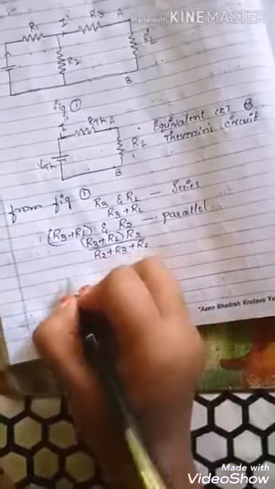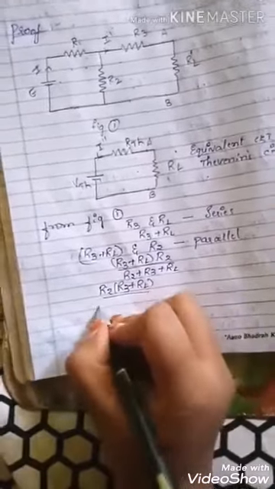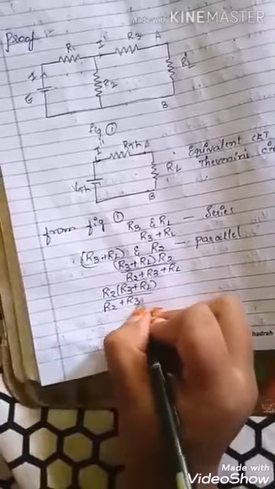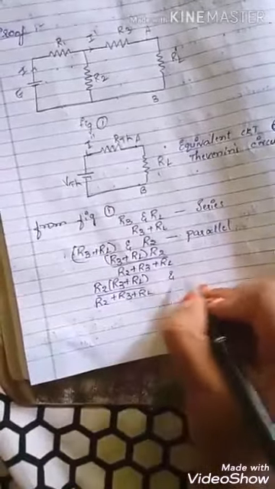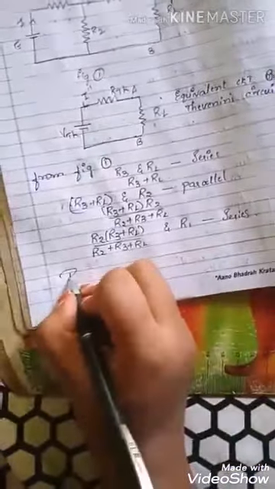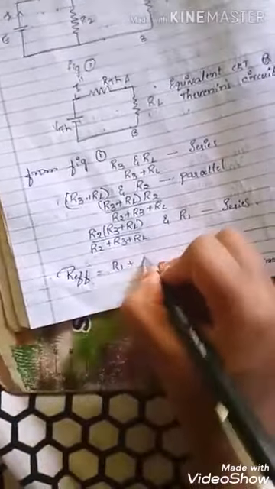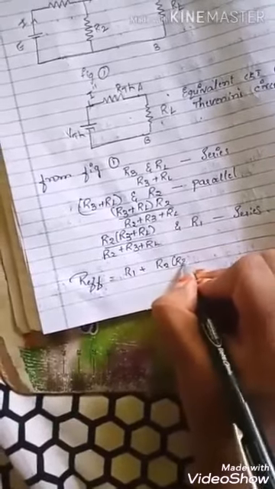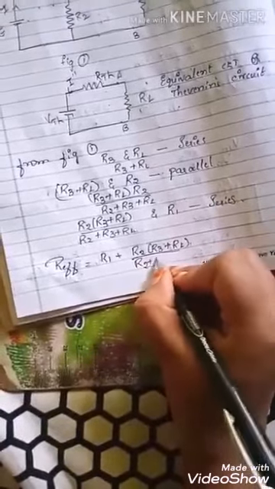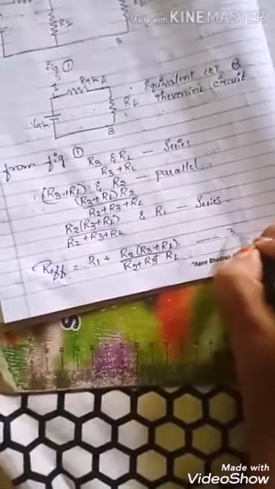So the total effective resistance R effective equals R1 plus R2 into R3 plus RL divided by R2 plus R3 plus RL. This is the effective resistance. Let us consider this as equation number 3.